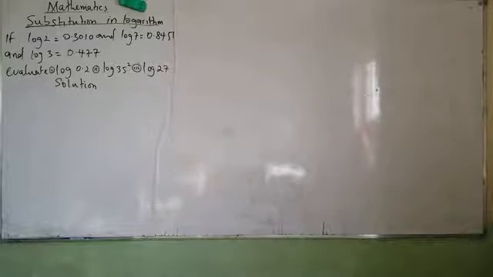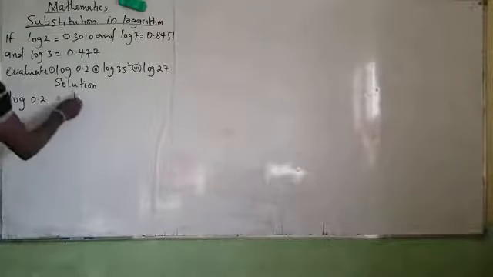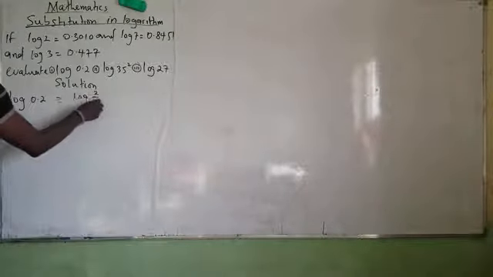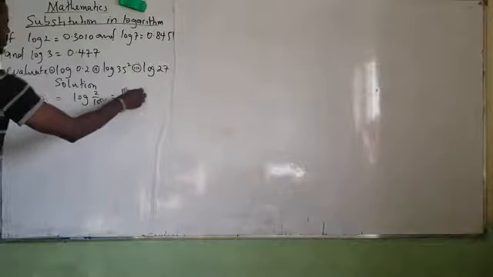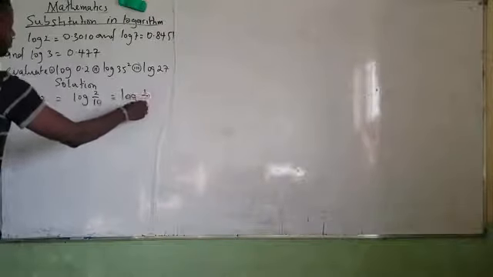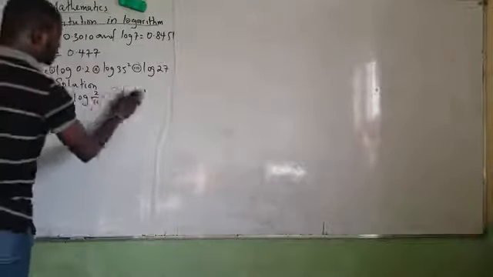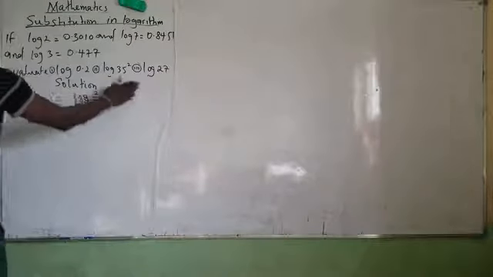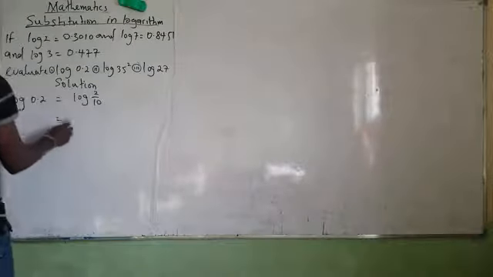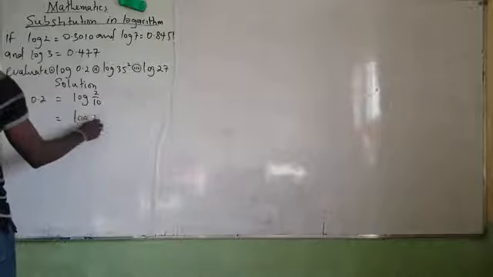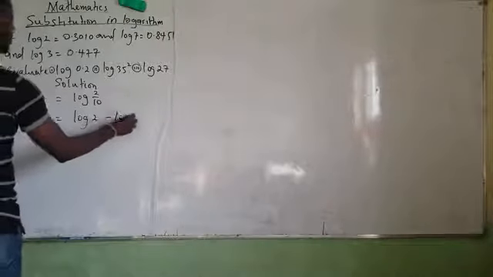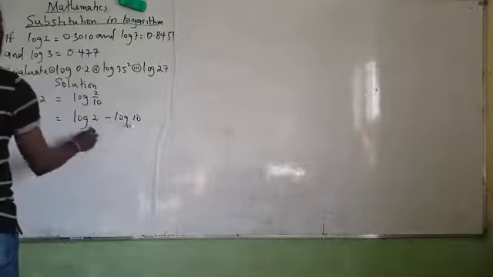Solution to this question. I will be having log 0.2. Now, this can also be written as log 2 over 10, which can also be written as log 1 over 5. Take note of that. If I were you, I wouldn't go to this length because it will cause problems. Now, I can write this as log 2 minus log 10. This is definitely base 10.